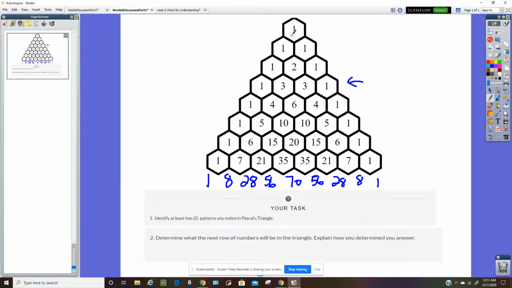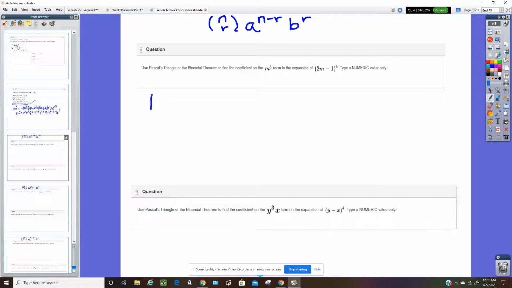Starting with row 0, 0, 1, 2, 3, 4, we're the same as the previous problem: 1, 4, 6, 4, 1. Since we want the cube term, this would be the fourth, this would be the cube term right here.